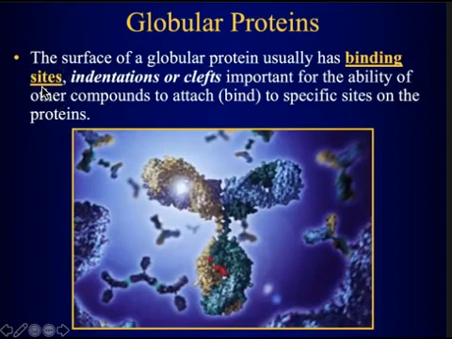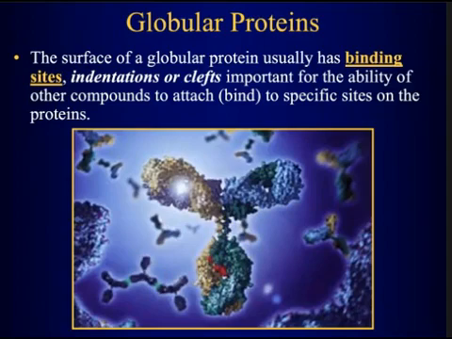So interact with the oxygen, or, if it's in a white blood cell, interact with a virus or something. So it's going to have some kind of binding site on these proteins. These big globs are going to have certain little inlets that can interact with everything else that surrounds it.